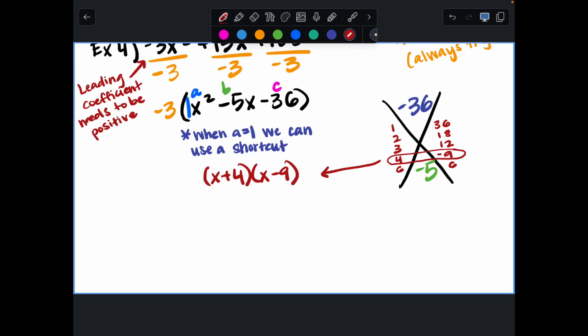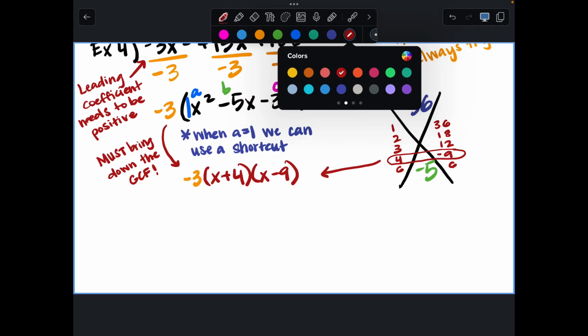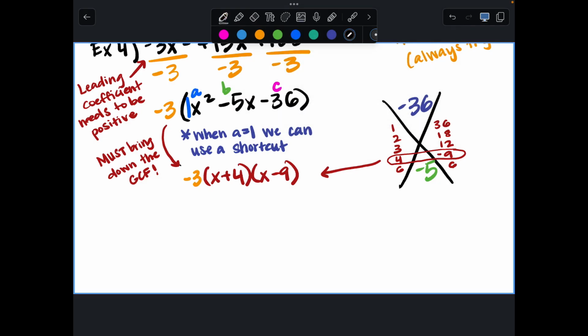Now, you just have to remember that you have to bring down this number that you factored out in the beginning. So this is my final answer. If you forget to bring down that negative 3 that you factored out, it's going to be wrong.